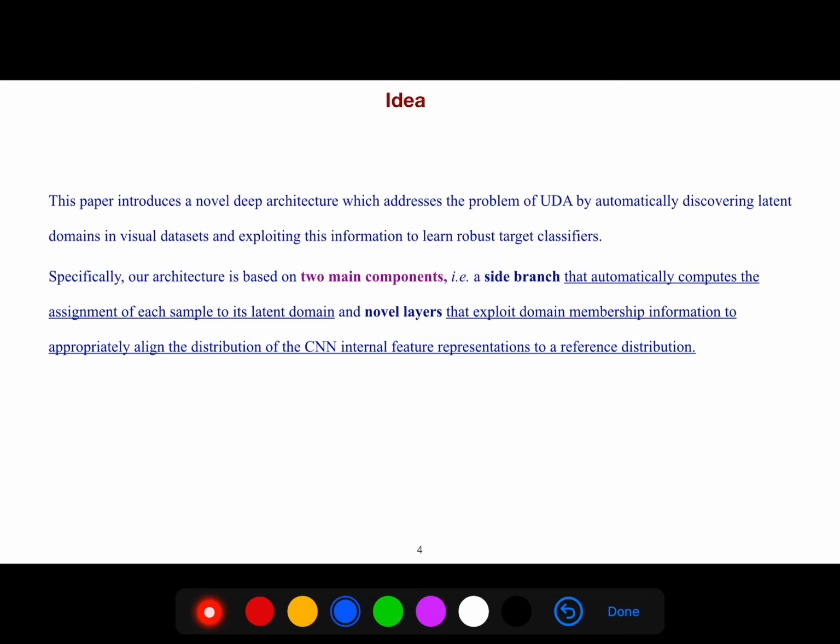Specifically, our architecture is based on two main components: the side branch that automatically computes the assignment of each sample to its latent domain, and novel layers that exploit domain membership information to appropriately align the distribution of the CNN internal feature representations to a reference distribution.